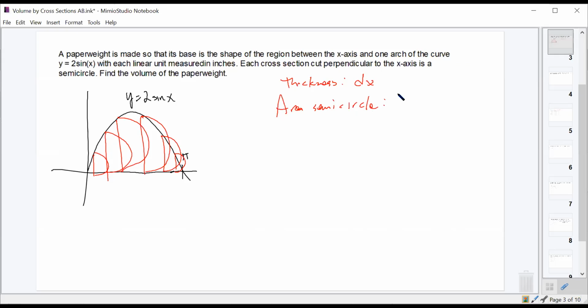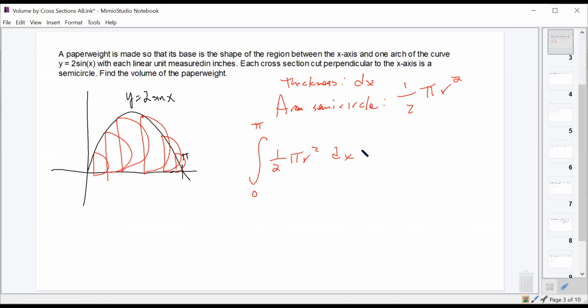Just 1/2 pi r squared, right? And so what we need to do is integrate from 0 to pi 1/2 pi r squared dx. Okay? Because that's the area times the thickness. And the area times the thickness should give us the volume of each of those little tiny pieces.